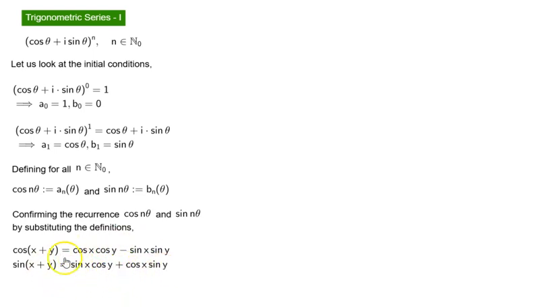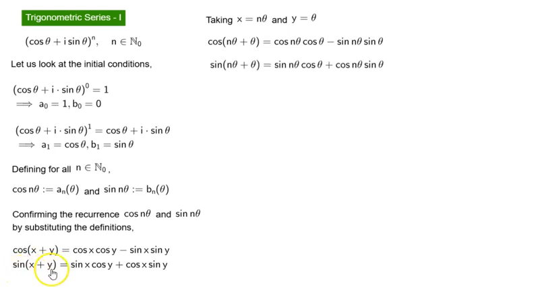We verify this by taking x equal to nθ and y equal to θ. We get cos(nθ + θ) = cos nθ cos θ − sin nθ sin θ, and sin(nθ + θ) = sin nθ cos θ + cos nθ sin θ.